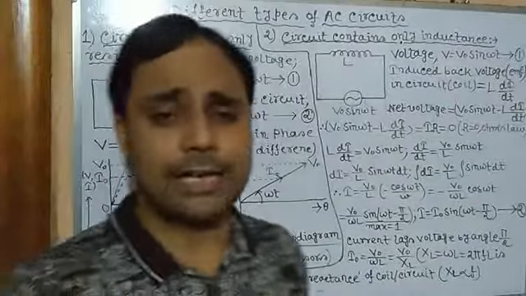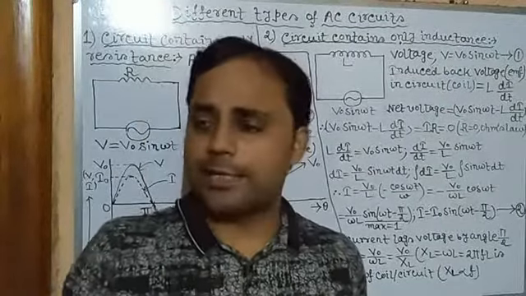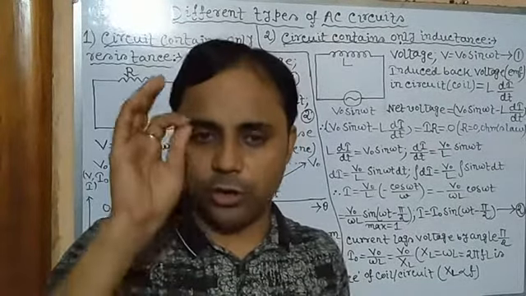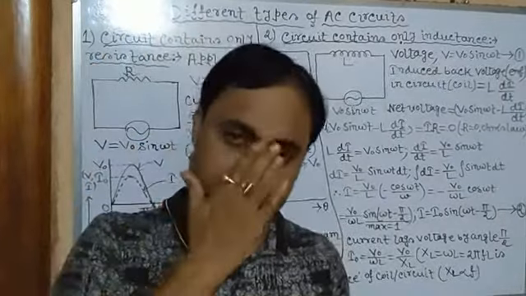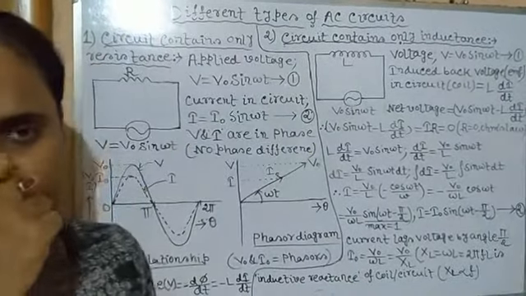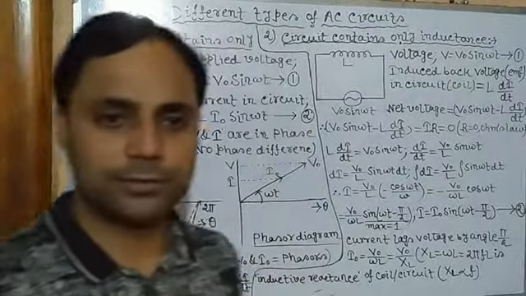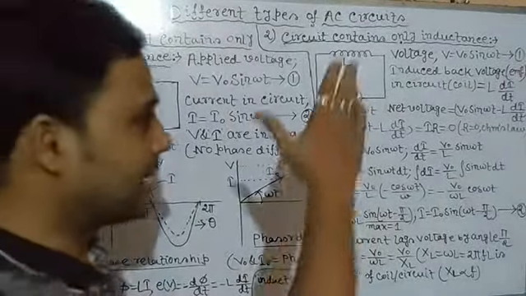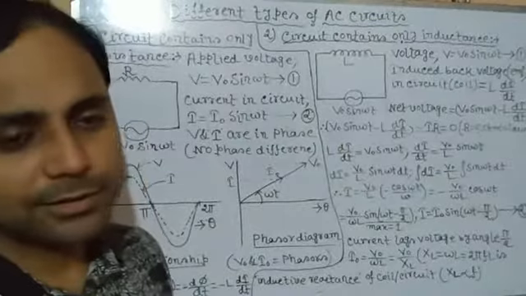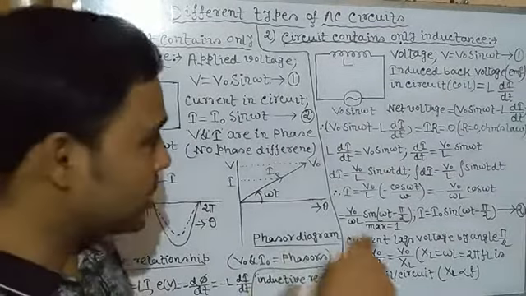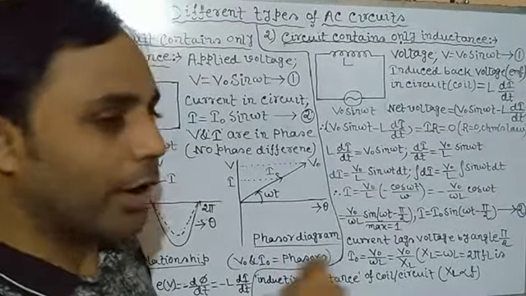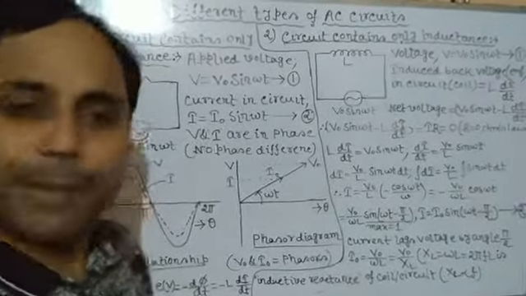Remember one thing, as I told earlier: as long as a conductor is straight, it contains only pure resistance. But if we twist the wire, give it a spiral form and turn it into a coil, it contains inductance. Why? Because a current carrying coil becomes a magnet.